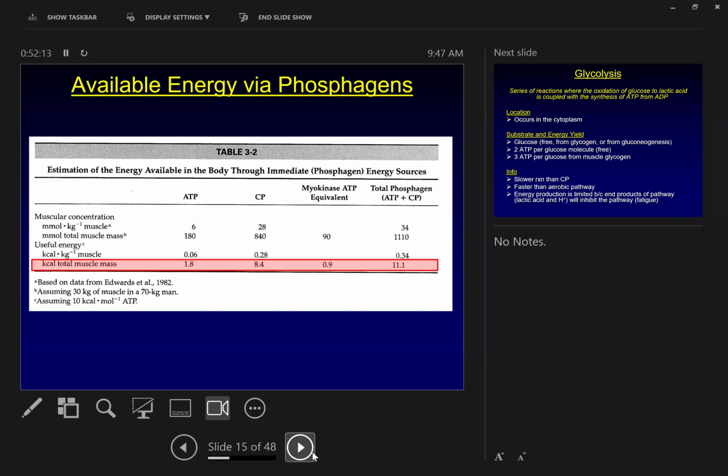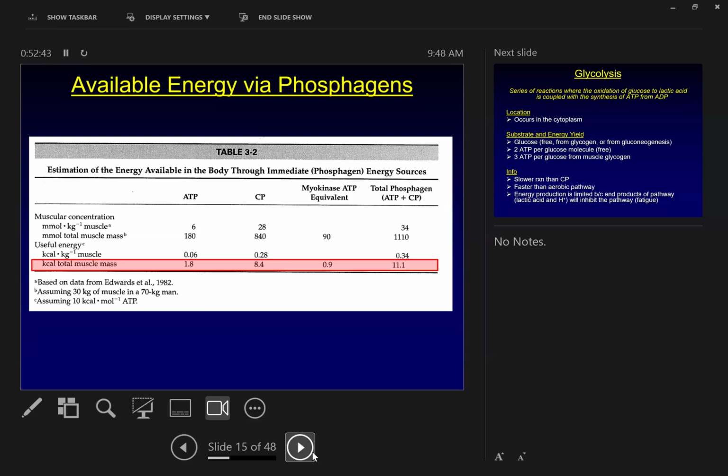This is estimating total calories relative to total muscle mass. Stored ATP is about 2. Creatine phosphate is about 8.5, so it's a little more than 4 times as much energy available in creatine phosphate than in stored ATP. Myokinase equivalent is about 1, so even less than stored ATP, way less than creatine phosphate.